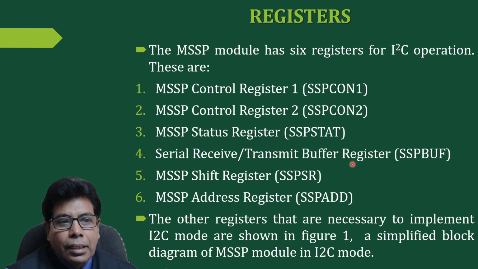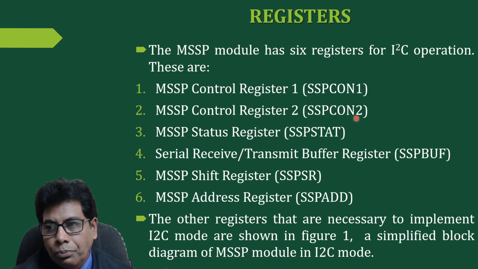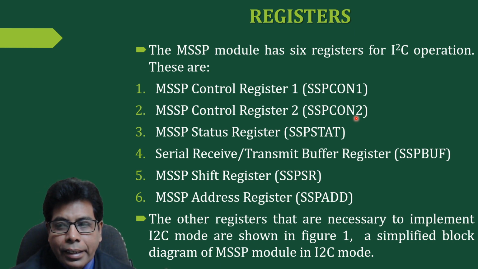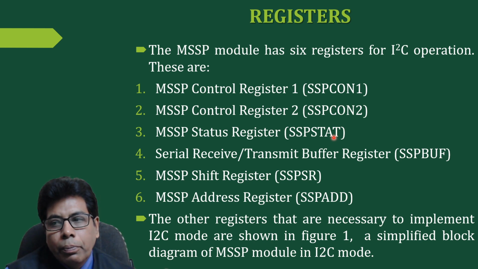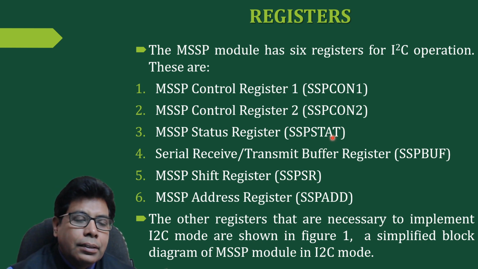And here the SSPCON1 and SSPCON2, these are readable and writable, and this register SSPSTAT, that is the status register, its lower 6 bits are read only and only the upper 2 bits are read write, and the other 3 registers are necessary to implement the I2C mode.